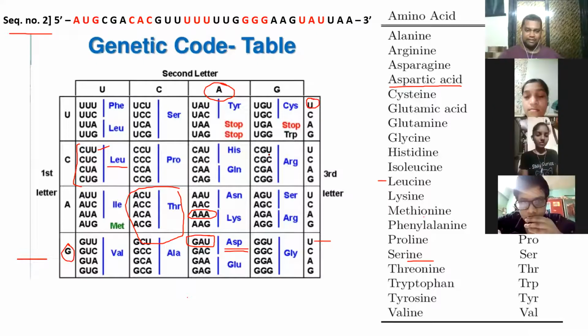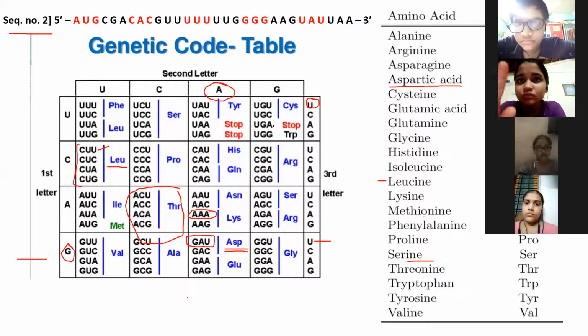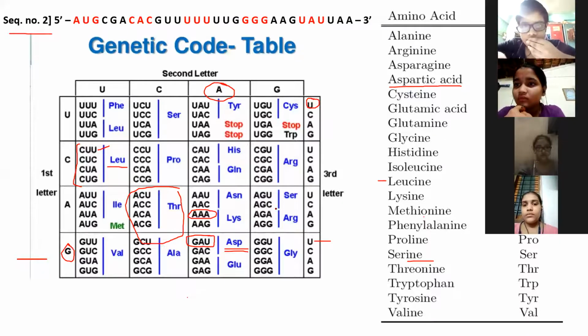Remember that. So in the sequence which I have given you, just look at the sequence and tell me how many codons are mentioned. 10. Everybody getting the same answer? 10 codons.